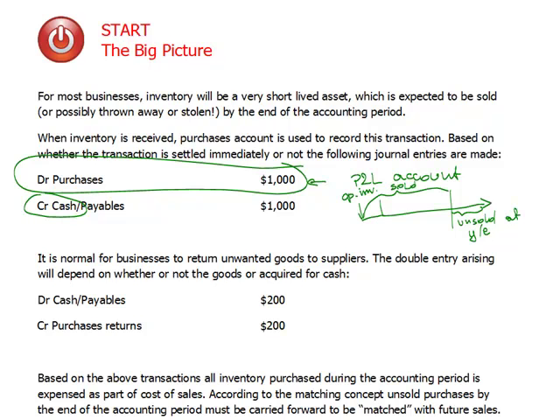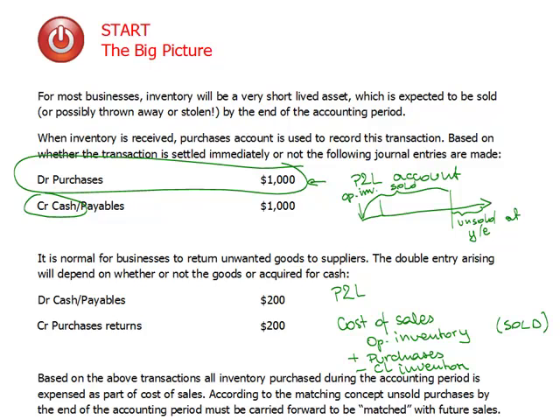In other words, what we need in our P&L as cost of sales is the opening inventory, because that presumably was sold, plus all the purchases made. Well, but of those purchases, something was left as closing inventory. And this is how we get to the number of items sold.